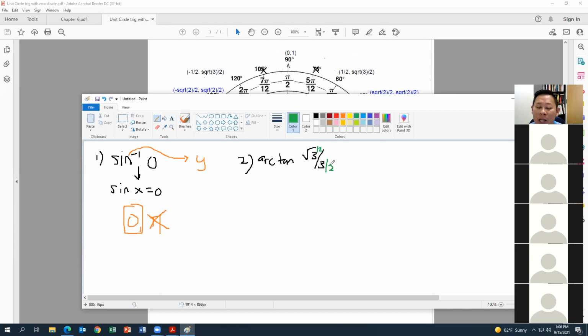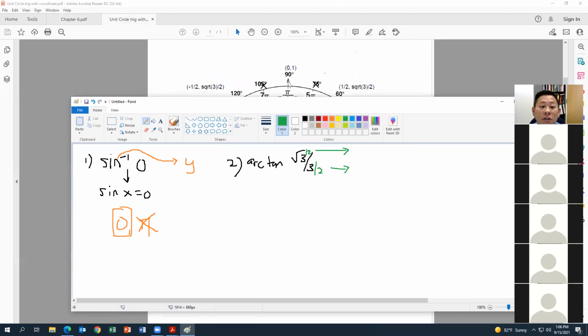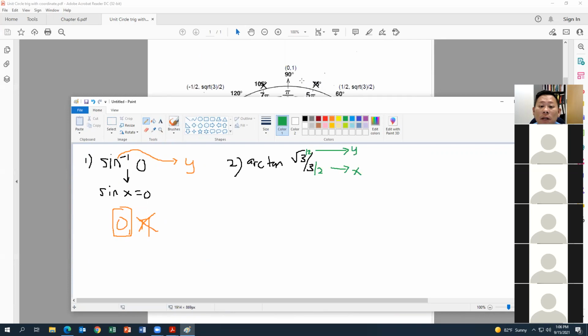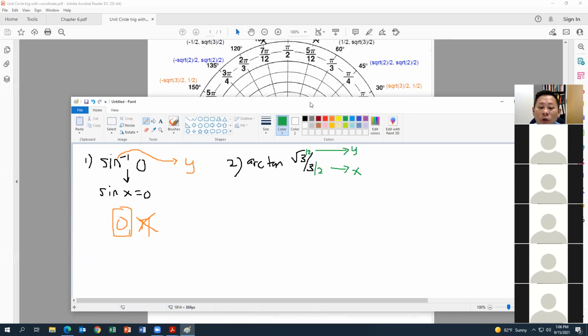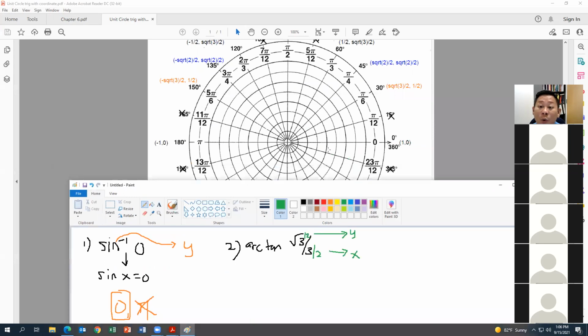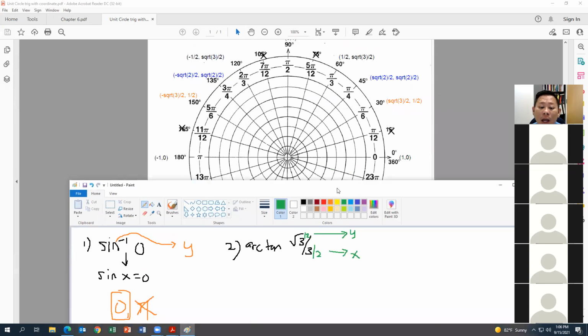Can someone tell me, tangent is what over what? Tangent is y over x, right? So looking at the unit circle, which one gives us √3/2 as your y value?